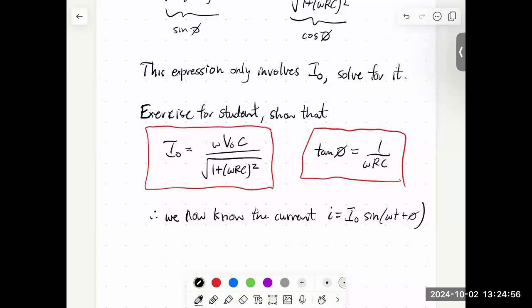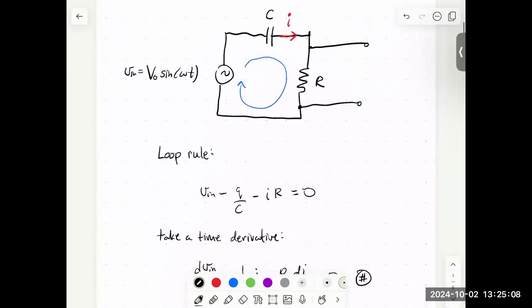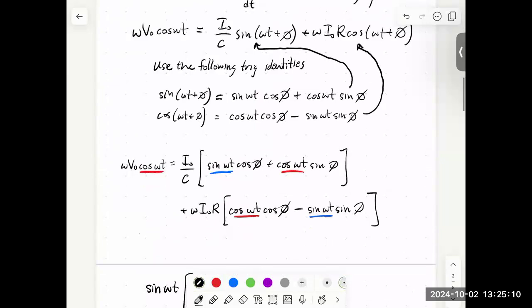Isn't the tan relation only true when the first term equals 0? No, nope. This expression that we came up with right here has to be valid all the time. So if we, sorry, where did it go? This is not the one I wanted.